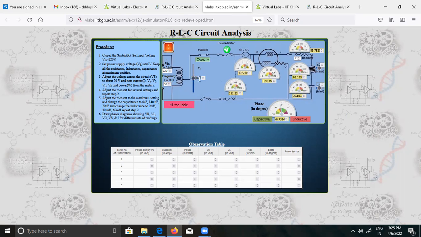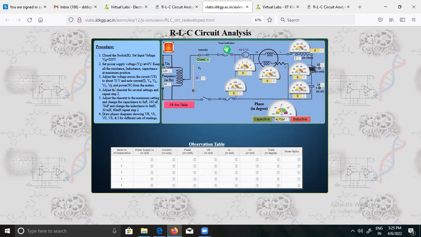Vs, I have to shift to 0. I am shifting it to 0. When Vs is 0 volt, we get this particular waveform. There is no change in it.